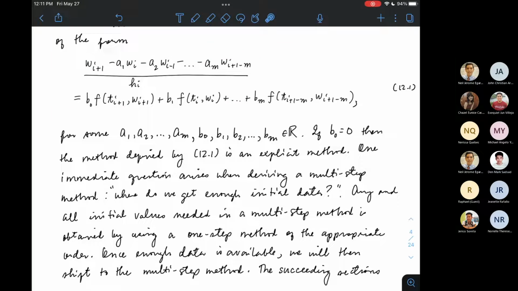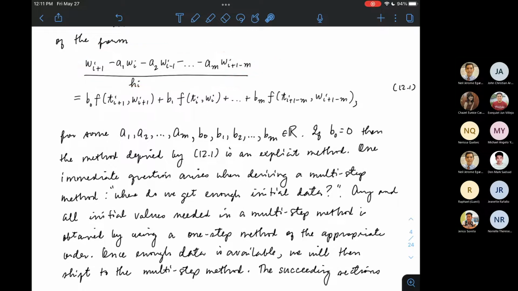Now, you will see that in the Adams-Bashforth methods, b sub 0 is equal to 0, so that the right-hand side of our ansatz, or our template for the methods, is devoid of a term involving w sub i plus 1. So that makes it explicit, because if there is no w sub i plus 1 on the right-hand side, then we can easily solve for w sub i plus 1.